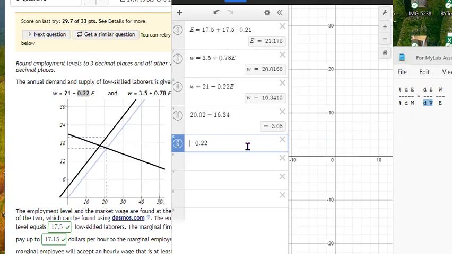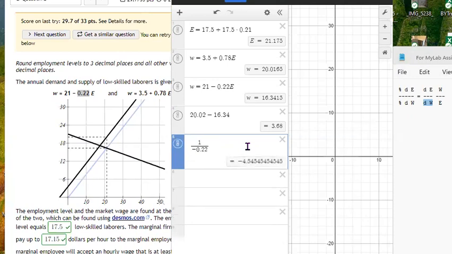So we're going to take the inverse of it. Now when we take the inverse of our slope, we get the change in employment over the change in wage, and then all we got to do is multiply that by the wage employment level ratio at the initial equilibrium.